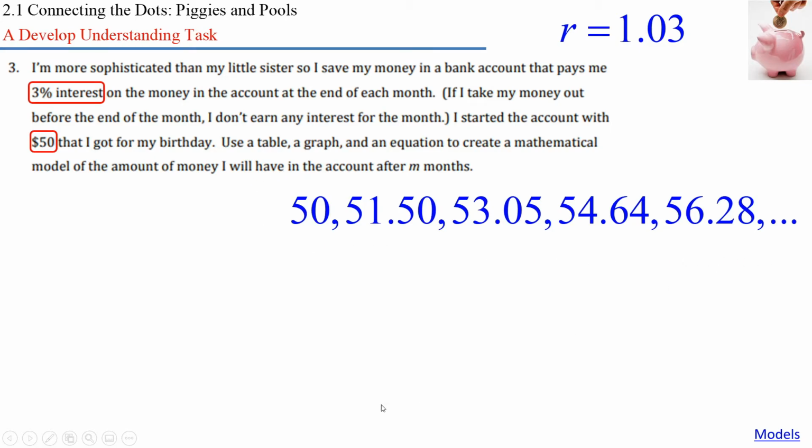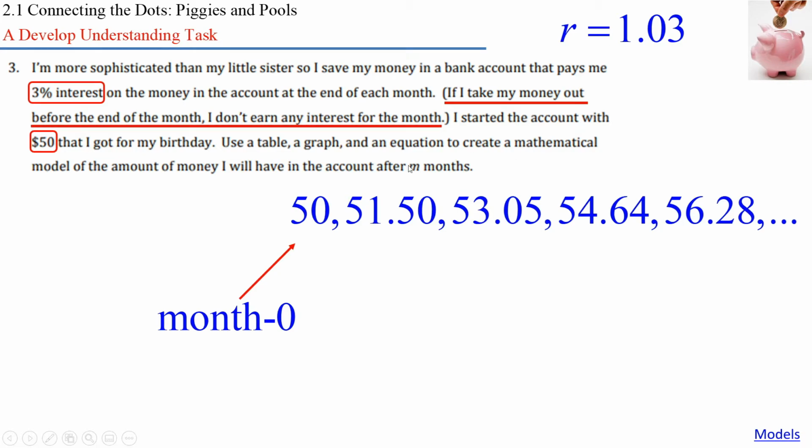Now, we need to think. 50, is that going to be the 0 term or the first term? So, when I had $50, so I'm starting with 50. So let's call that 0 months, month 0 right there. Okay, that will help me with my table and everything else I'm going to do now. And also I want to make one more point.